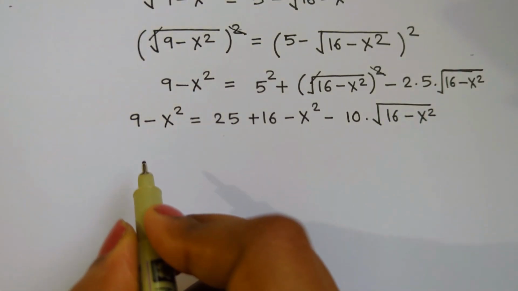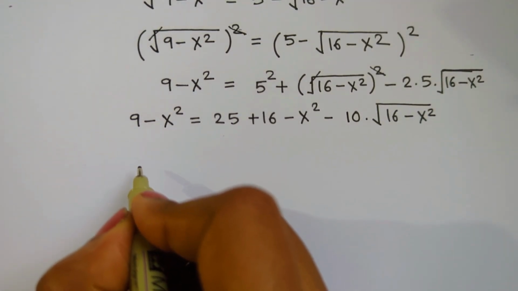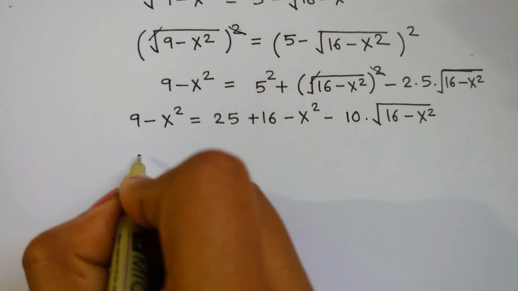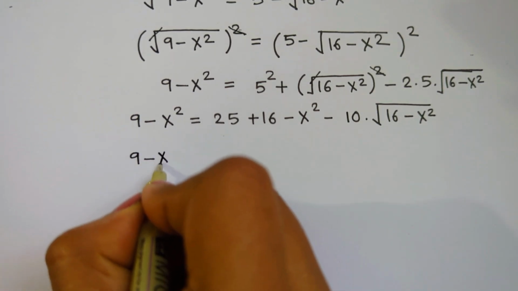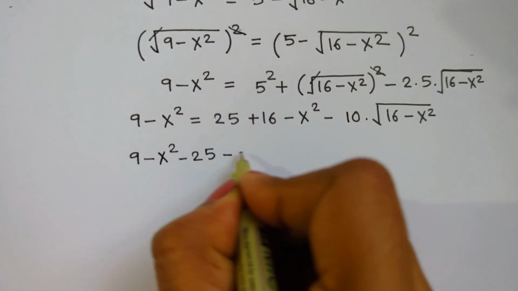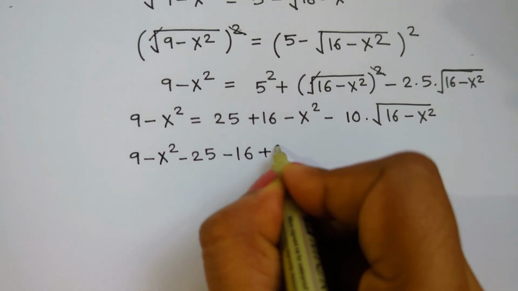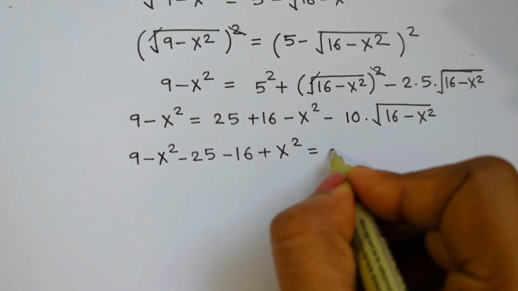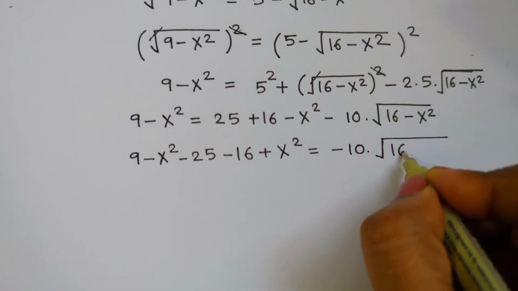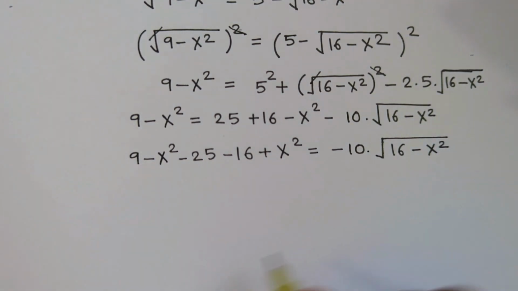Let's bring all the right hand side values on the left hand side except the last one. It would be 9 minus x square minus 25 minus 16 plus x square is equal to minus 10 into square root of 16 minus x square.